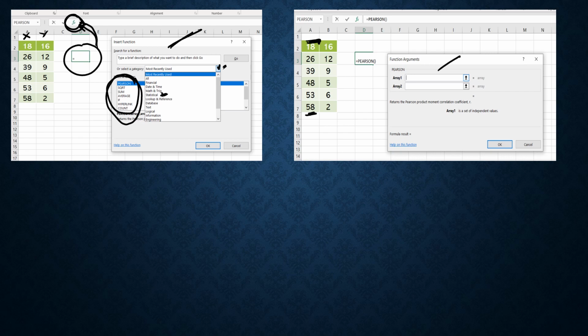Or you can write A2 up to A7 for array 1. So array 1 will be your X values. And then for array 2, that's your Y values. As you can see, it starts from B, since this is B2. So I have B2 up to B7.